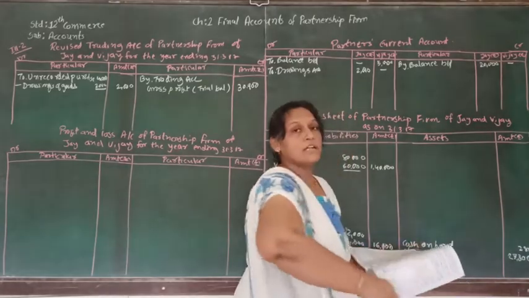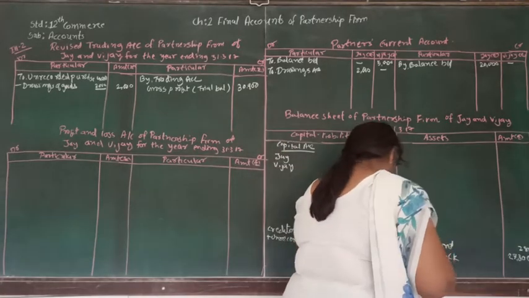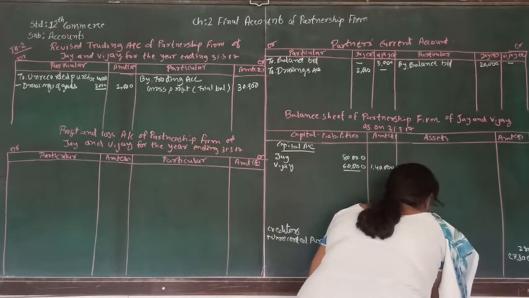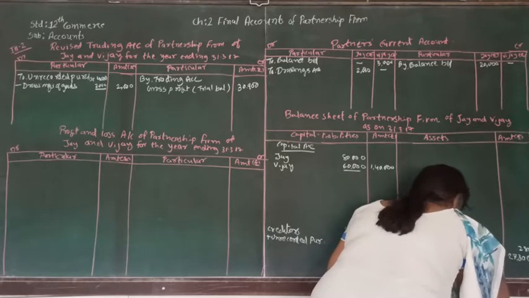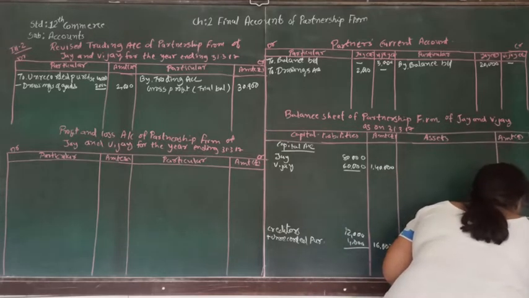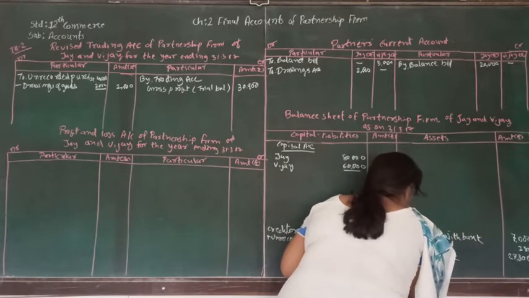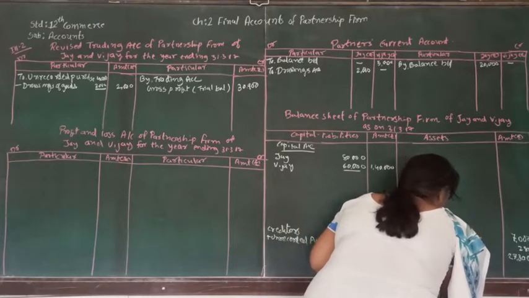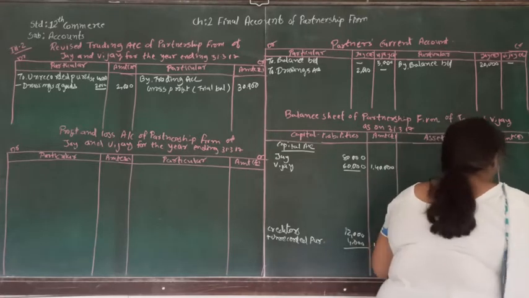Both are our assets, and we write them on the asset side of the balance sheet. Current account with bank is 7,000, and fixed deposit with bank is 40,000.